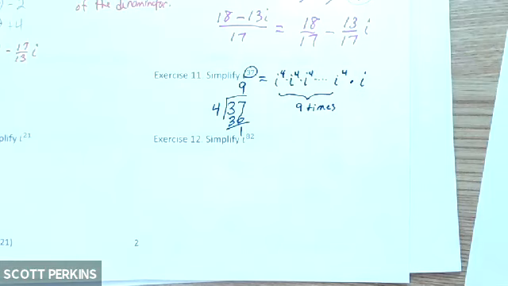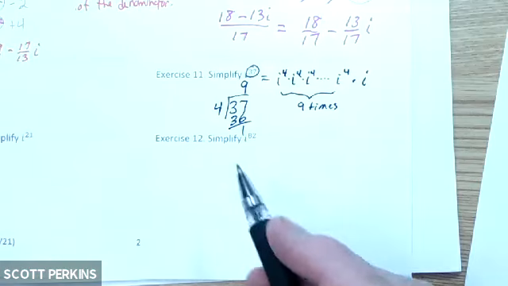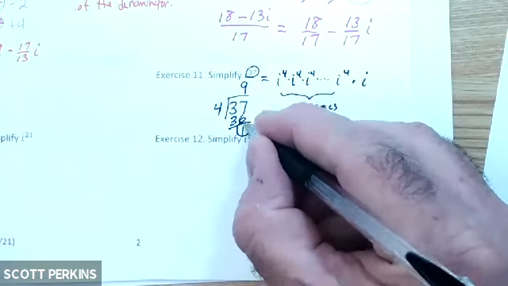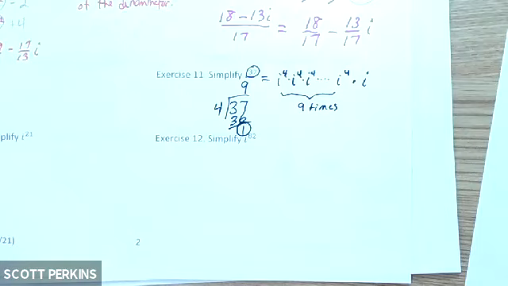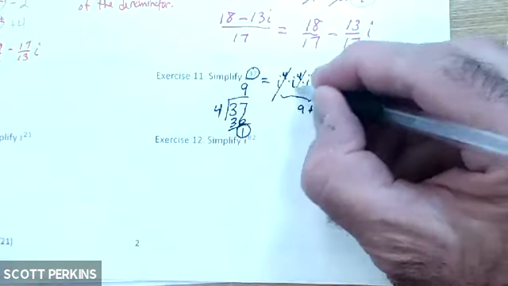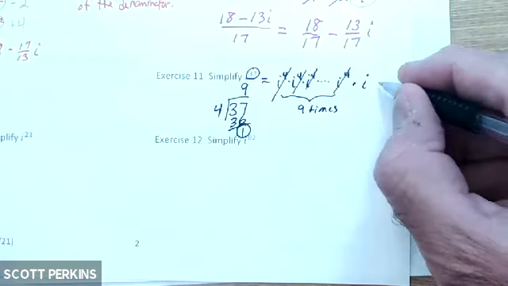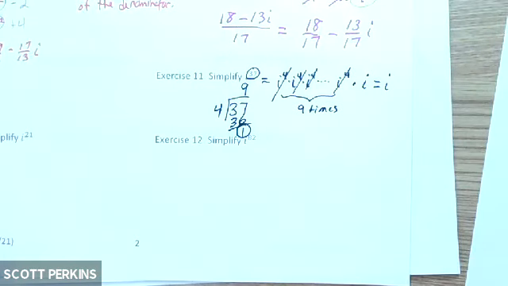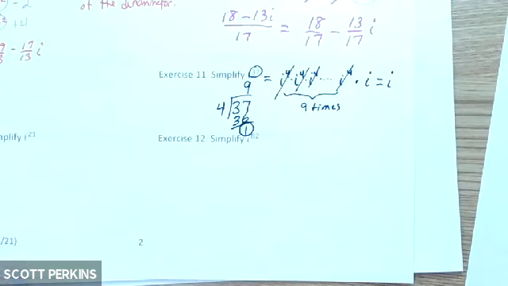And so, to make this as short and complete as possible, all that matters is the remainder. The remainder tells me what the equivalence is. So i to the 37th is the same thing, because all of these i to the 4ths just cancel out. i to the 37th is just equal to i to the 1st power. And if you listed it all out, that's what you would find out.